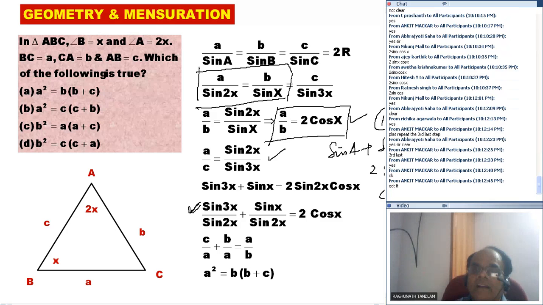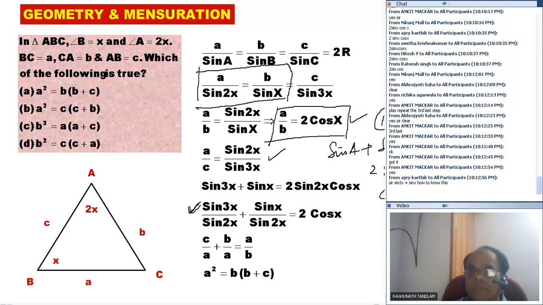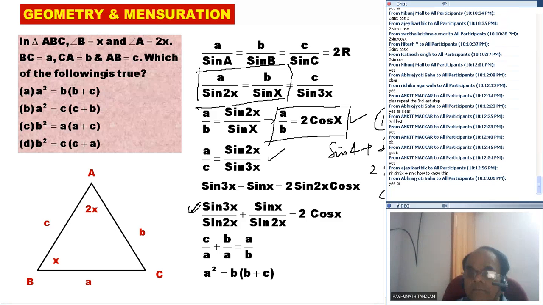Are we clear with the solution now? Abhijyoti, is the solution clear? Sine 3x plus sine x, how to know this?